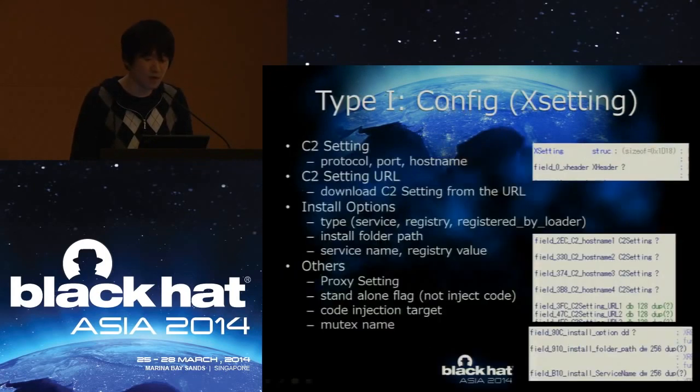The type 1 config includes C2 setting information and C2 setting URL for downloading C2 information. Install options like install folder path, service name, and other useful information, proxy, injection target, and things like that.